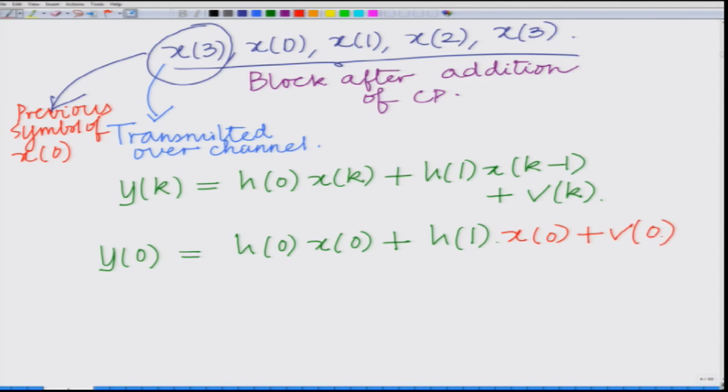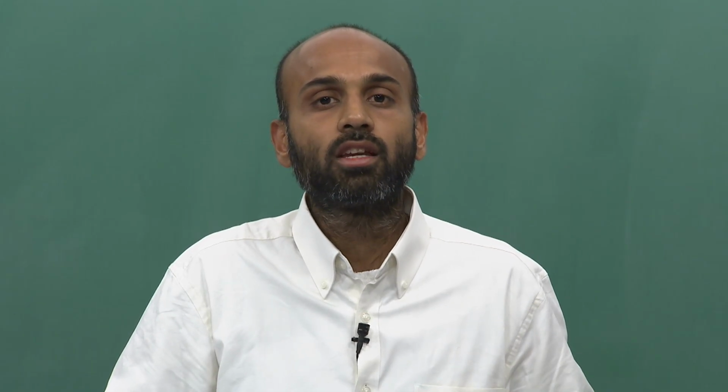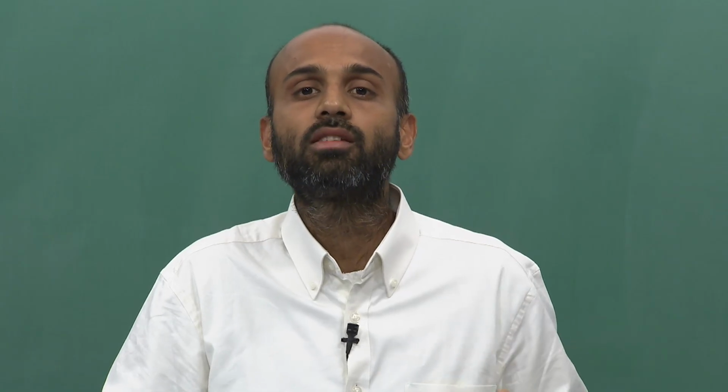I am sorry, h1 into x3 plus v0, because x3 has been copied from the tail of the block and prefixed at the head of the block. Because of the cyclic nature of the prefix, x3 is the previous symbol to x0. Therefore, you have y0 equals h0 x0 plus h1 times x3 plus v0.